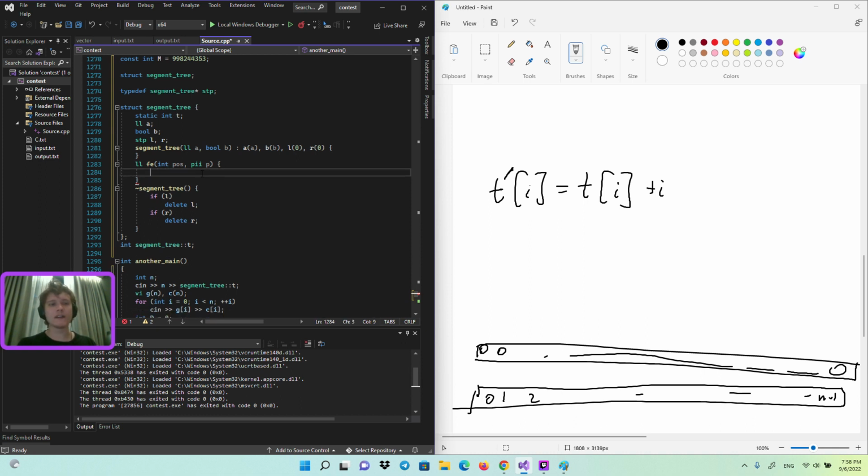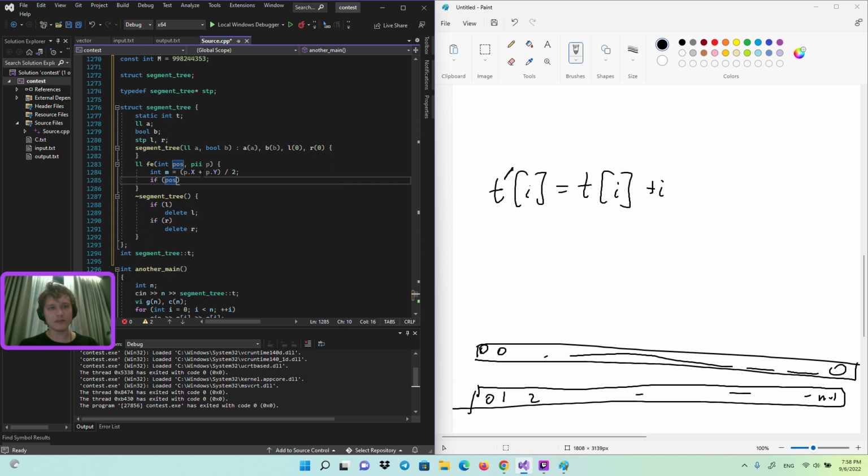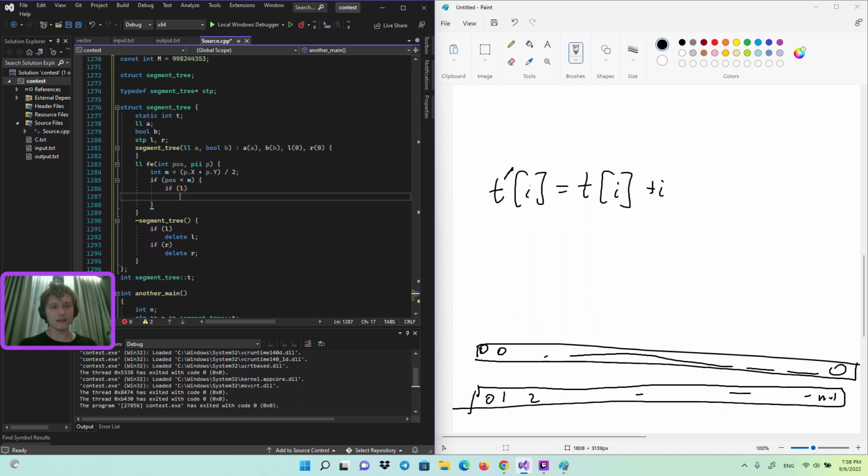First of all, we have to find whether this is in the left part or in the right part. So int m is px plus py halved. If pos is less than m, then we are interested in the left part. So if L, return L find element on pos and pair px, m.